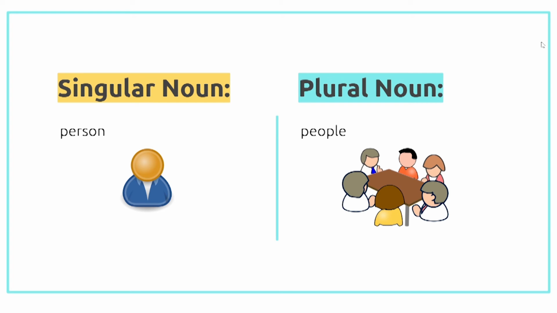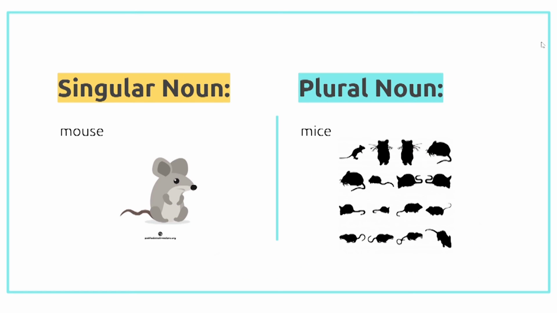Again, this is something I would take note of because it is important that we are able to differentiate whether we're talking about a single person or many individuals, a person or people. This is also the case with mouse, the singular form being mouse and the plural form being mice.